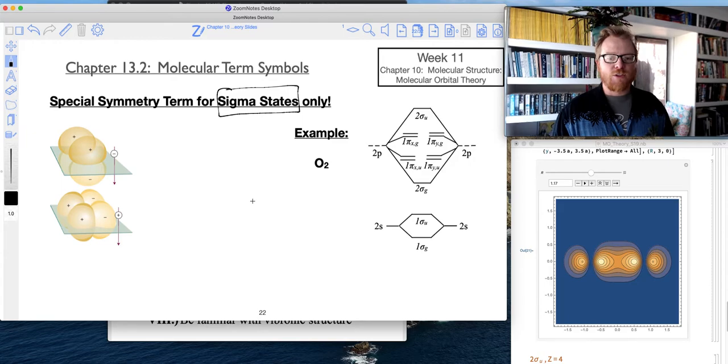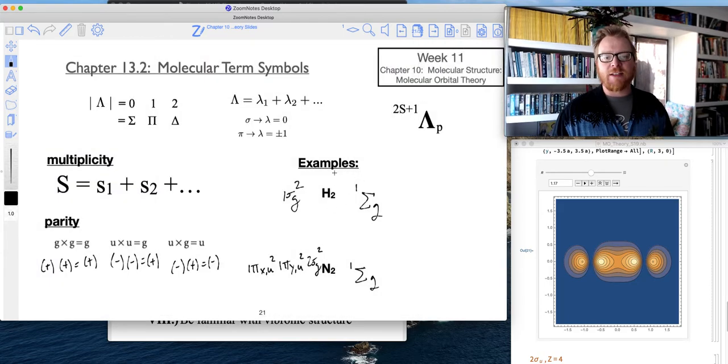When we're talking about something like H2, we have no symmetry things to worry about because it's entirely made up of s orbitals.